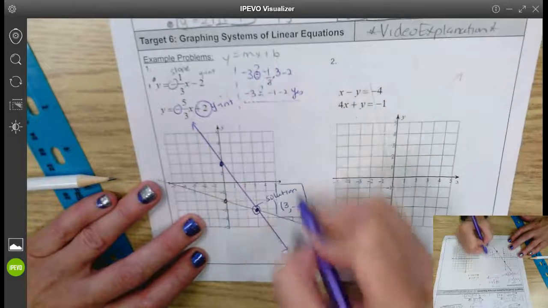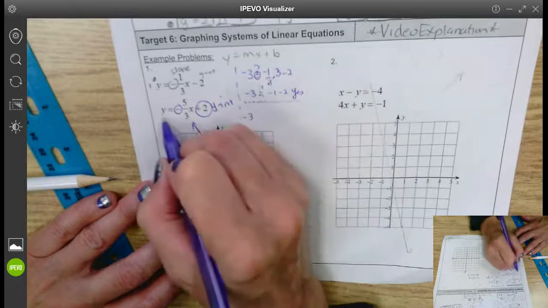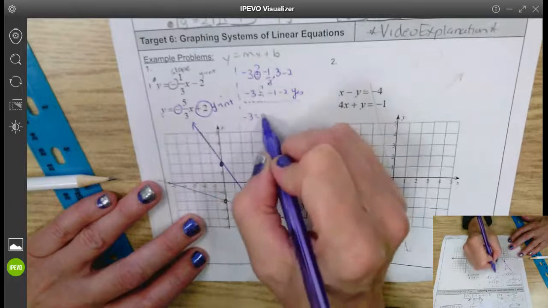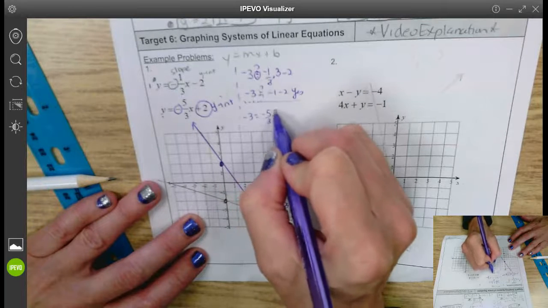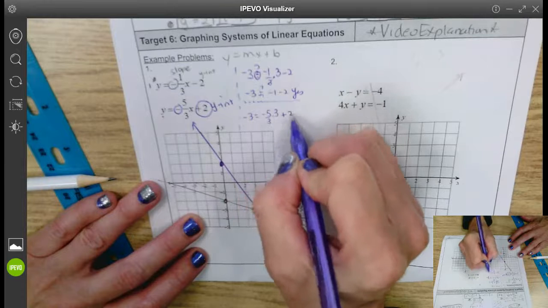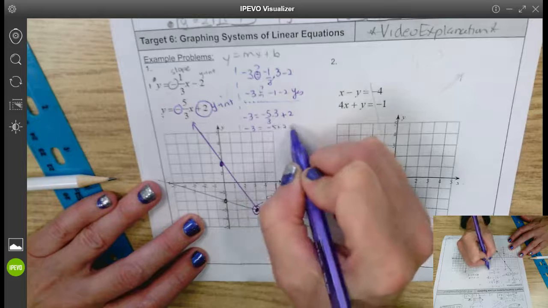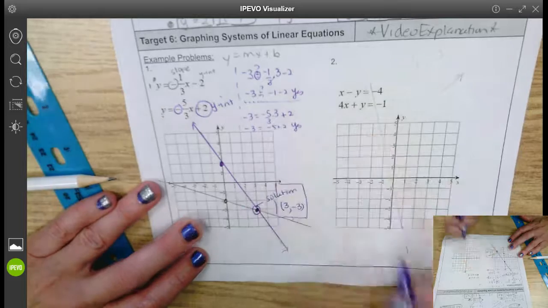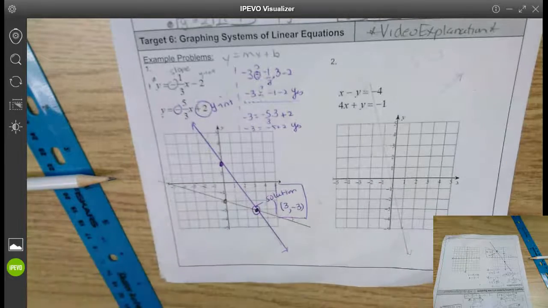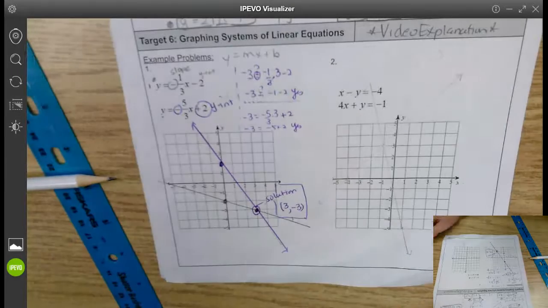So you would put the y value in, -3 here. And then -5/3 times +3, that's -5. That's going to be -3 equals -5 plus 2. Yep, that's a match too. So that's just a guarantee. Do you need to check each time? No, it's a really good idea, but if you really feel confident and secure with your work, then no.